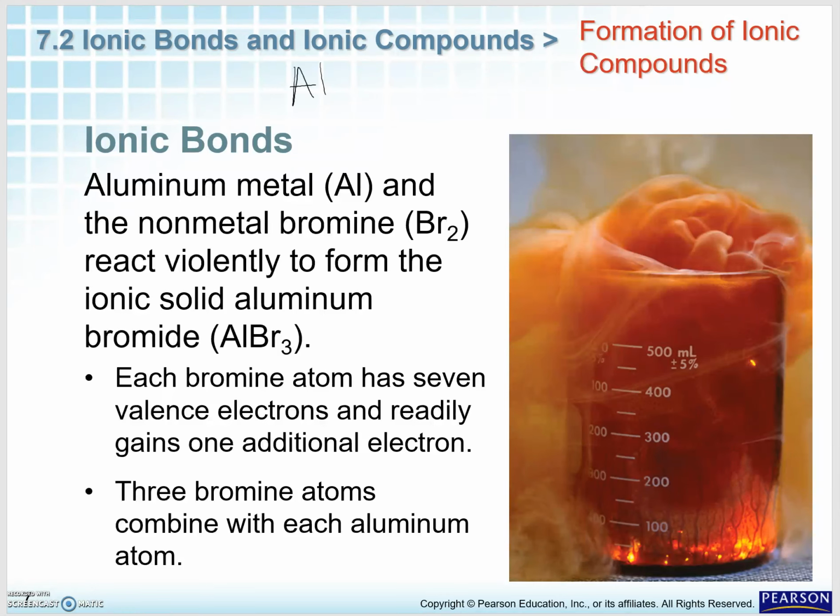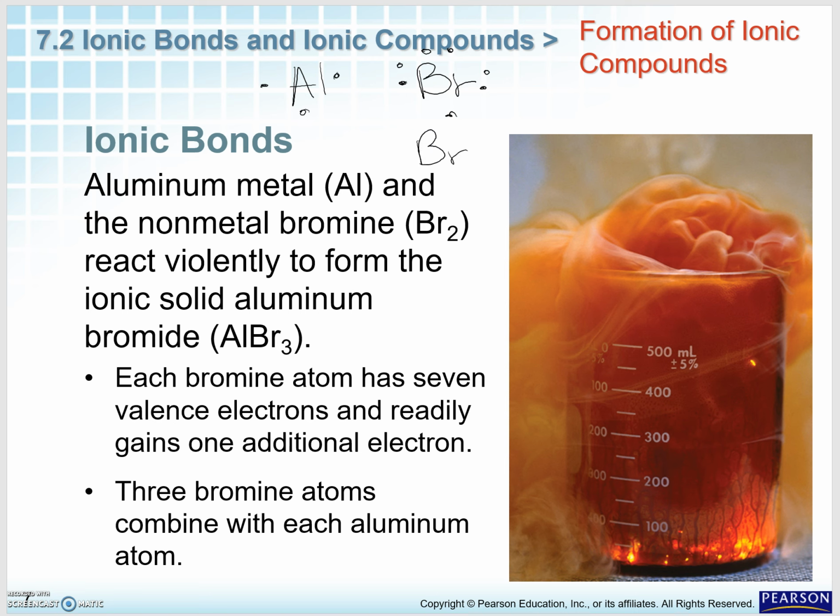Aluminum has 3 valence electrons, and bromine has only 1 valence electron. So it looks like it's just missing 1 valence electron. Sorry about that. So it looks like we're going to need to form 3 bonds with 3 bromides in order to get rid of all of our valence electrons for aluminum.